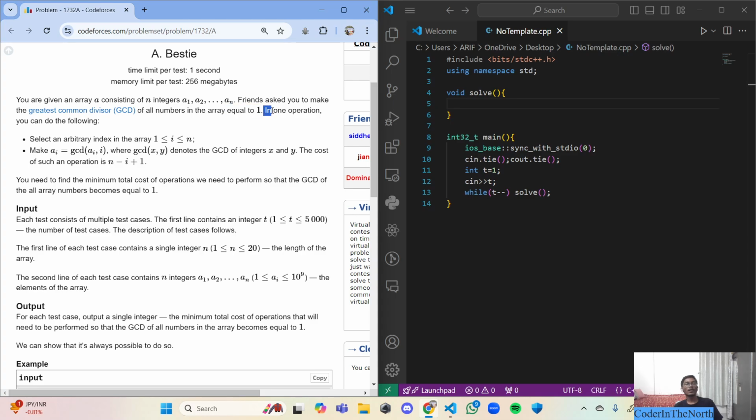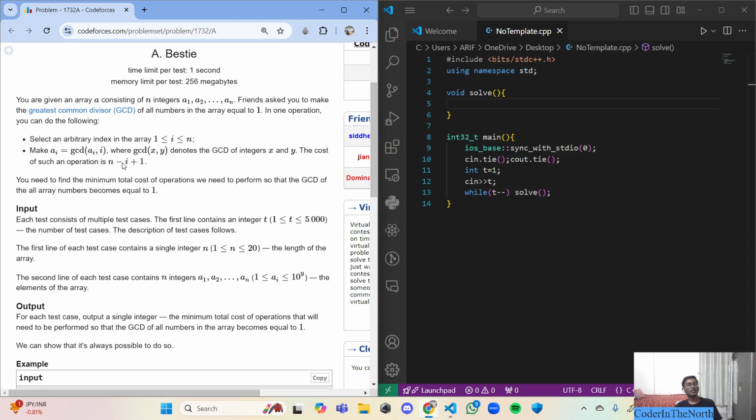In one operation you can select an arbitrary index and make that number equal to the GCD of that number and the index. Now the number will get updated.